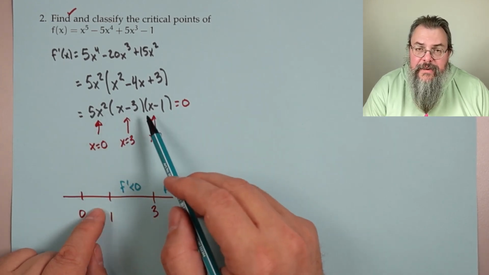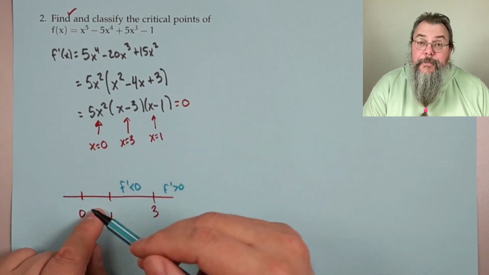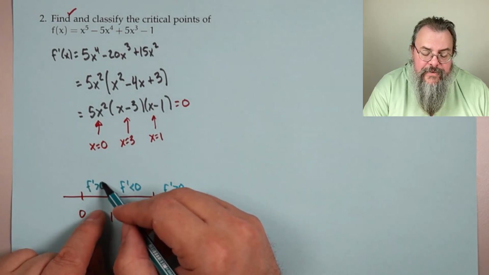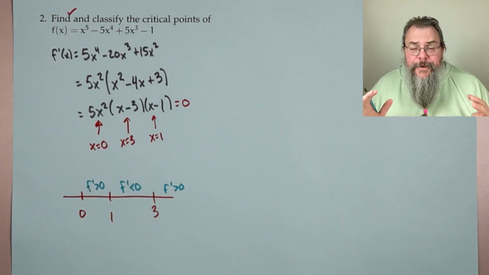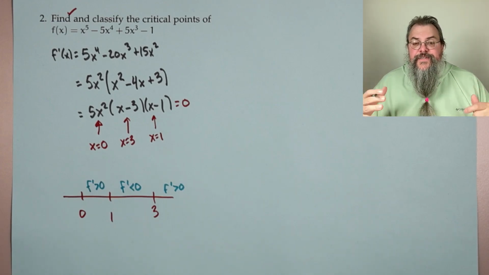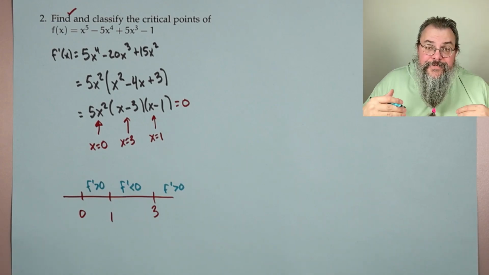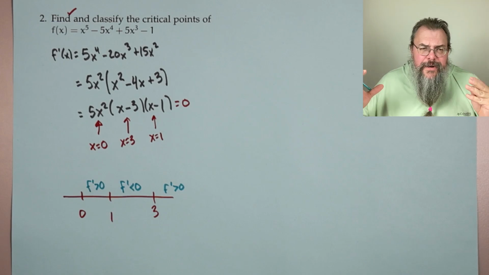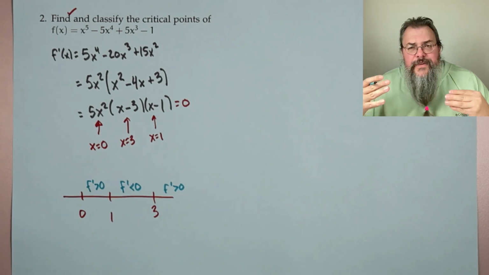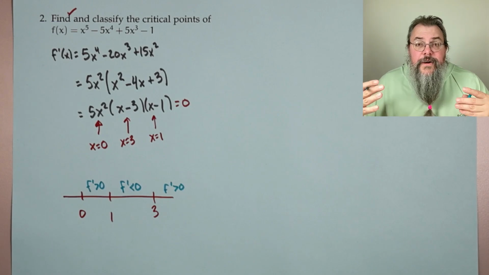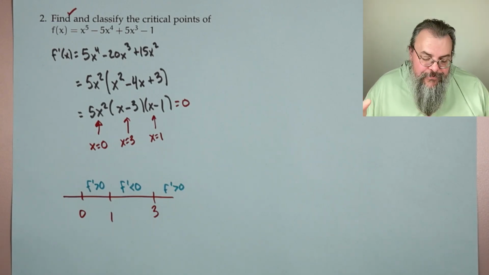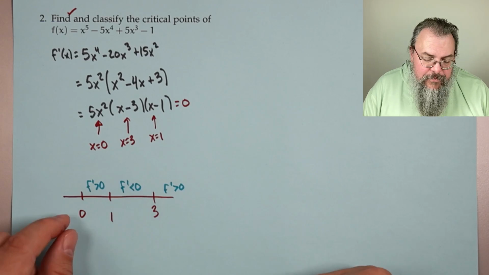Positive, negative, negative. All together, positive again. Now you'll notice I'm not really paying attention to the value because that's not helpful. I'm paying attention to the sign. The sign is telling me uphill or down. So don't worry about what a half minus 3 is, whether it's negative 5 halves or something else. Just say, is it negative or is it positive? That's all we need. Something below 0.